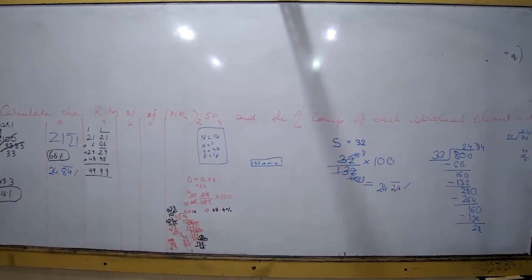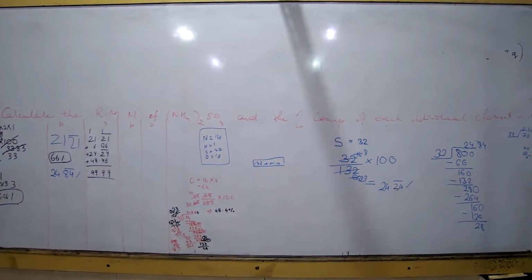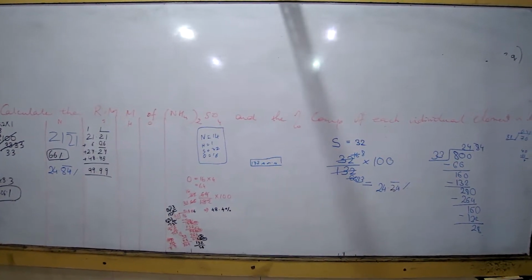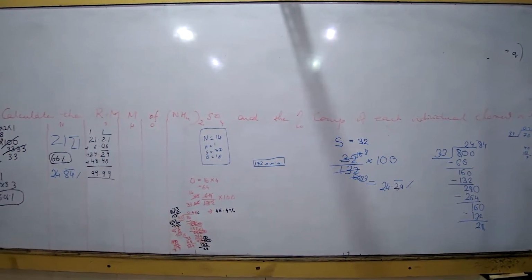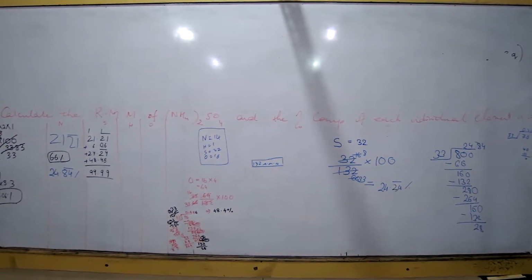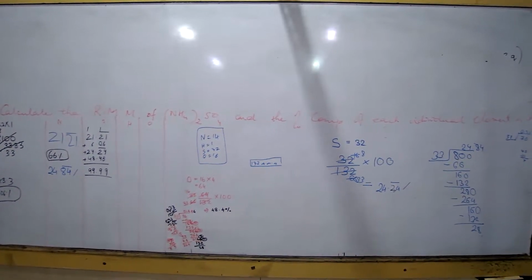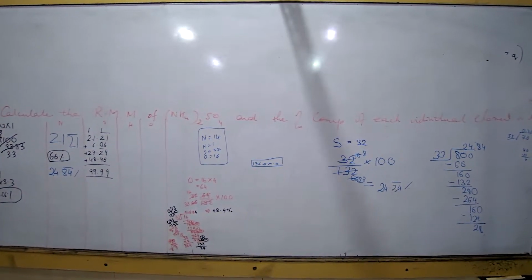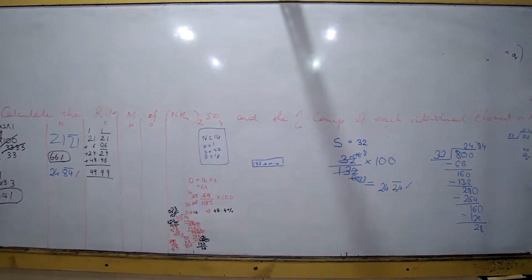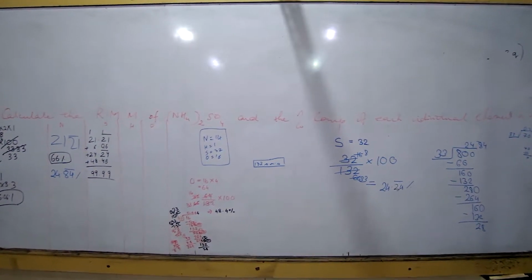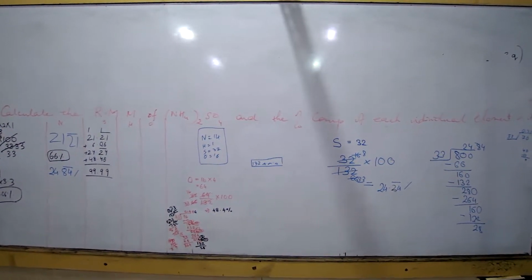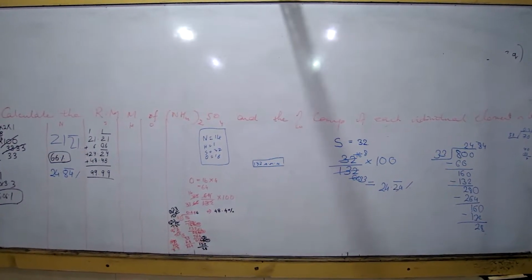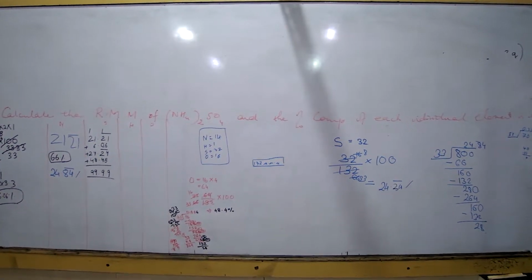Now we have to find out aluminium, right? Aluminium is 27. What's the formula of aluminium phosphate? AlPO4. Correct. Now do it. Hurry up.